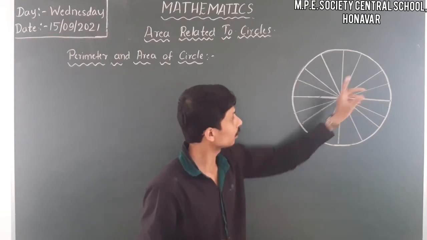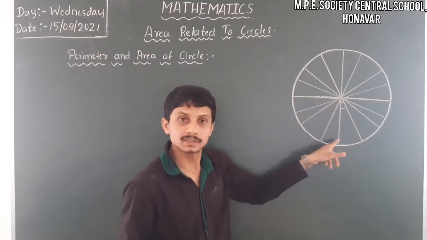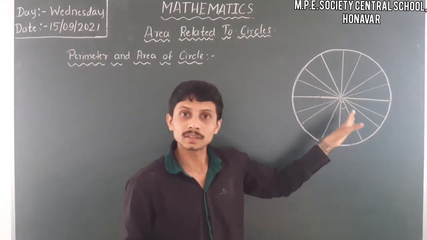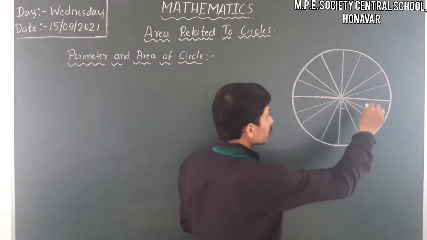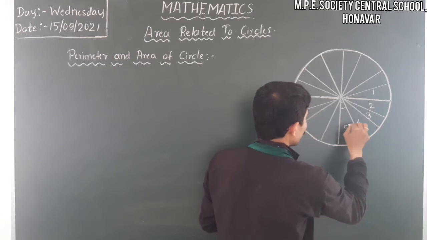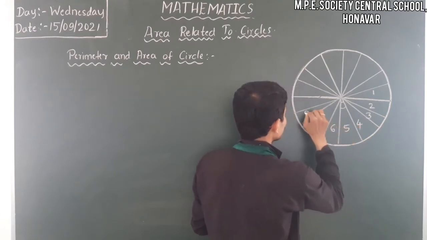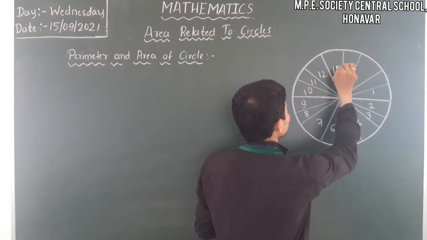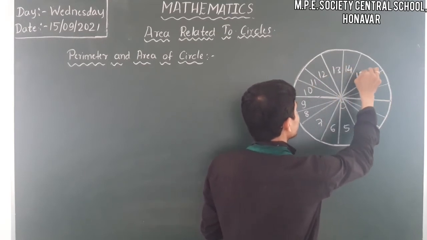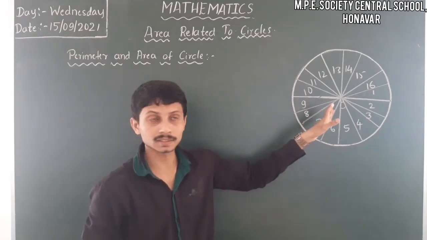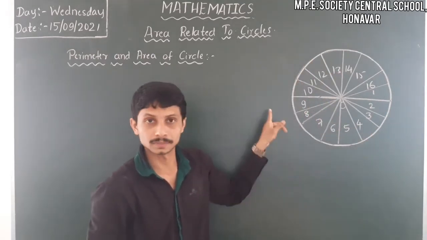So here I divided this circle into parts, and let us give a name to each part: 1, 2, 3, 4, 5, 6, 7, 8, 9, 10, 11, 12, 13, 14, 15, 16. Yes, there are 16 parts in this circle.